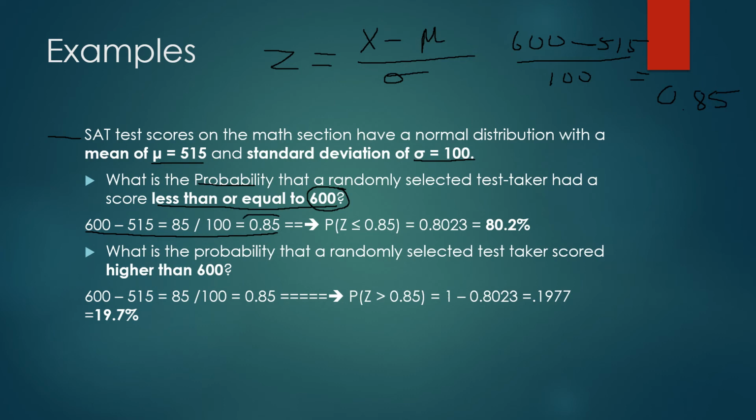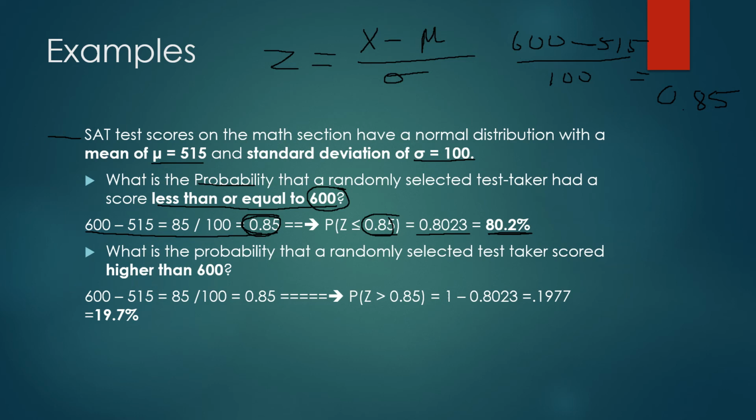Once you get 0.85, you go to the z-score table and look up 0.85, because you are looking for less than or equal to the z-score. When you find it on the table, it is 0.8023, which makes it 80.2% of test takers had a score of less than or equal to 600.